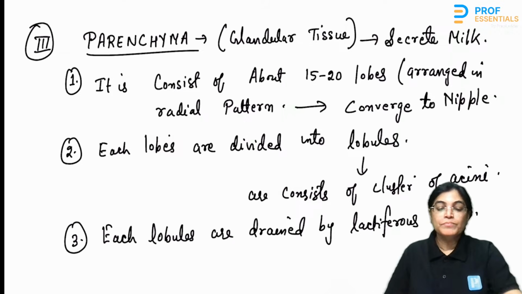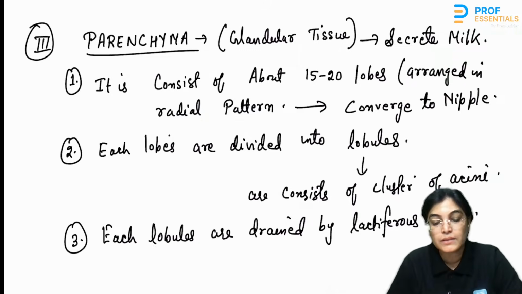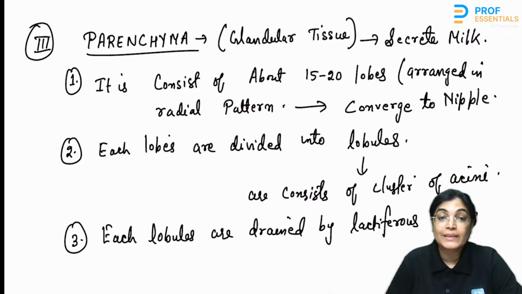Now the ducts from the different lobes are all converging towards the nipple, and near the nipple and areola, these ducts will expand to form the lactiferous sinus.